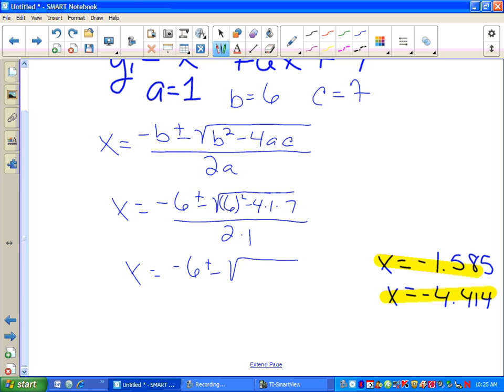Let's take that discriminant over here. 6 squared minus 4 times 1 times 7. Well, this is 36 take away 28. What is 36 take away 28? Isn't that 6? No, let me make sure I did that right. 36 take away 28 is 8.